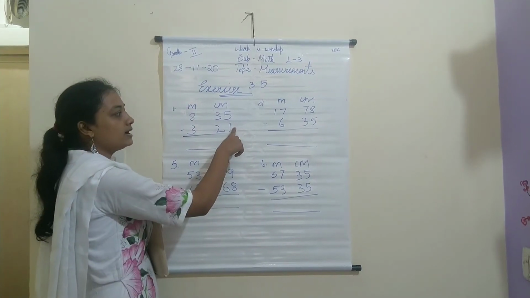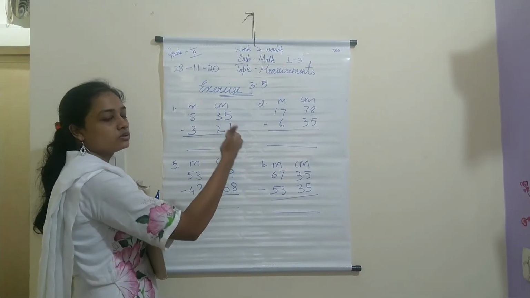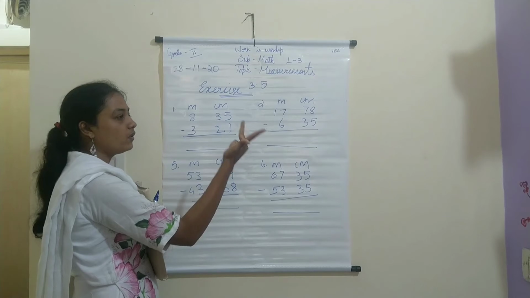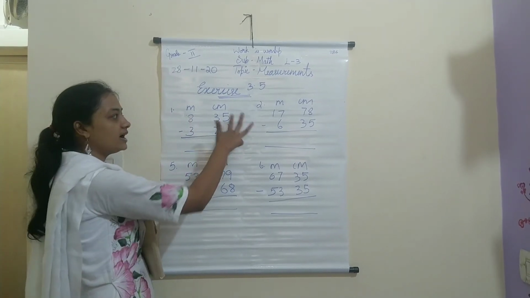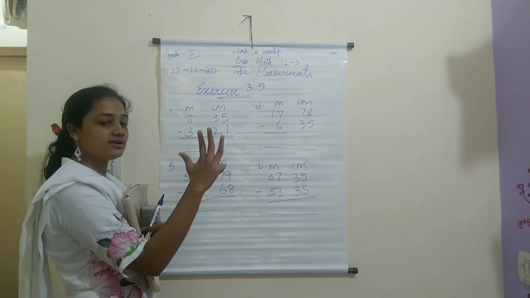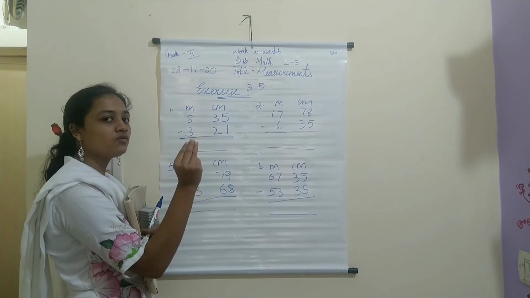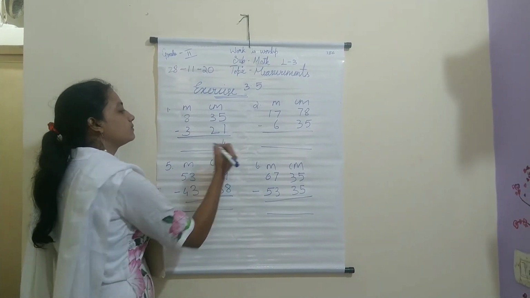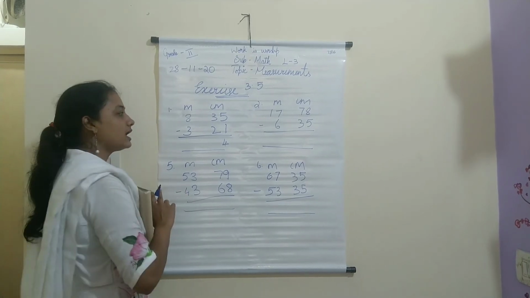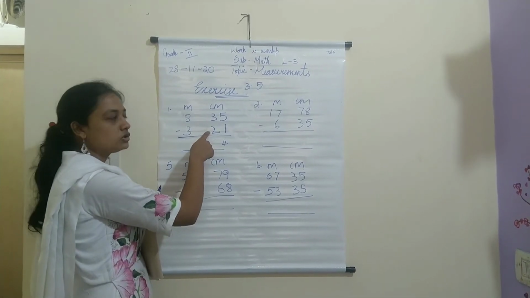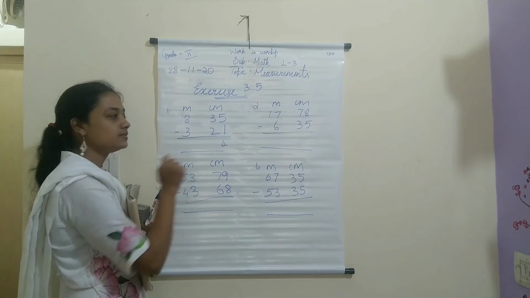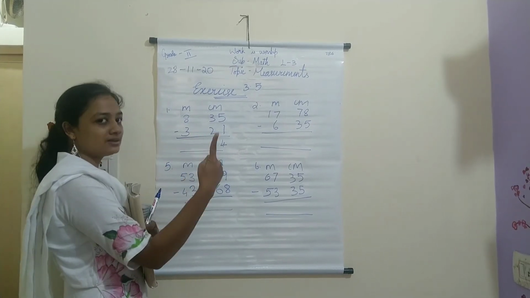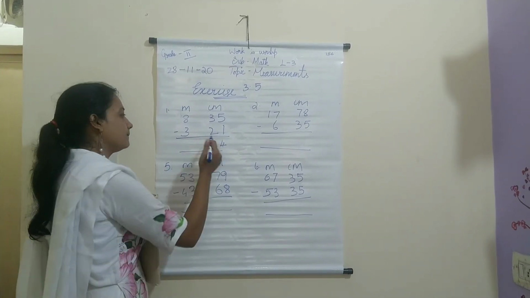So start counting. After 1, 2, 3, 4, 5. I got 5, I stopped. So how many fingers I have opened here? 4 fingers. So the answer is 4. Now start counting after 2, stop when you get 3. So after 2, 3, only 1 finger.